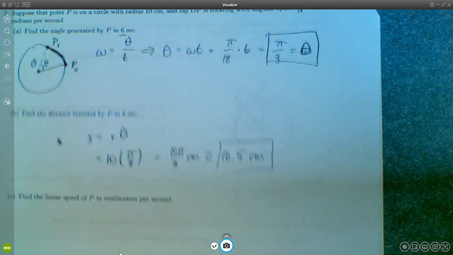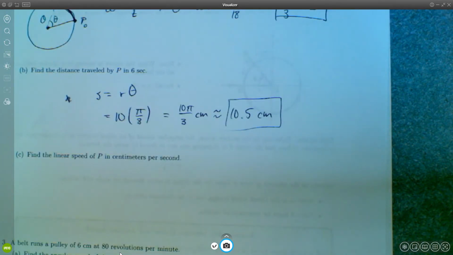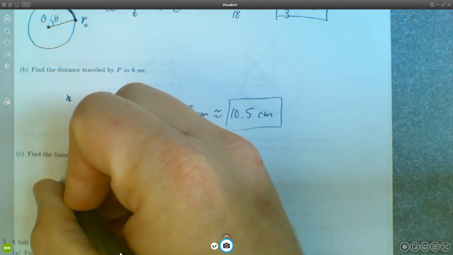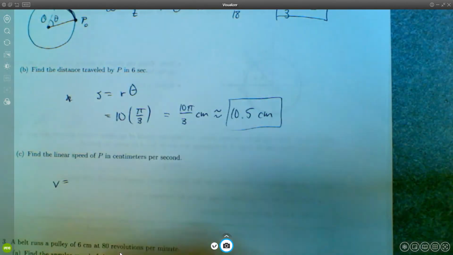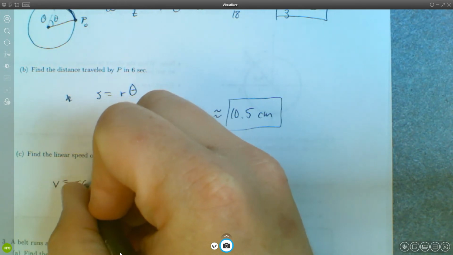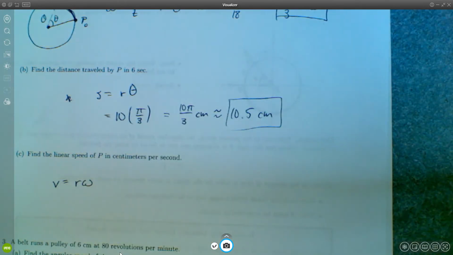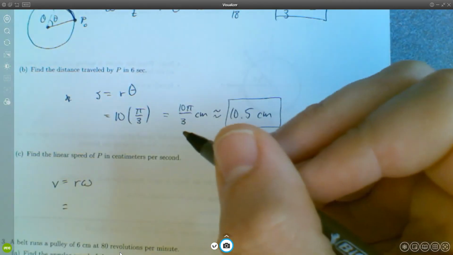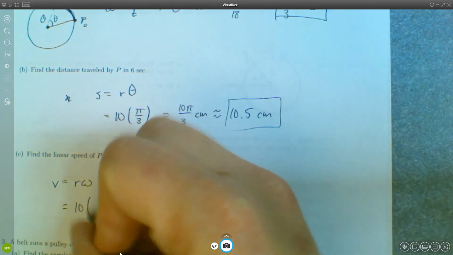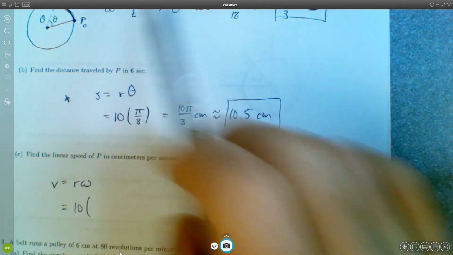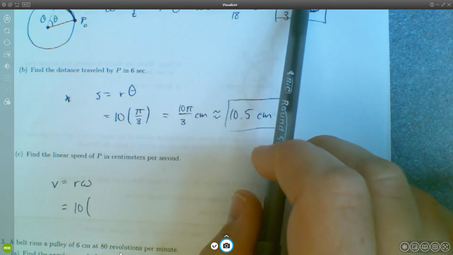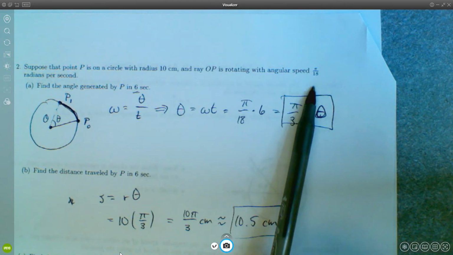Okay, and then part C. Find the linear speed of P in centimeters per second. Well, the linear speed is r times omega. So that would be 10 times omega, the angular speed. That's pi over 18, right?